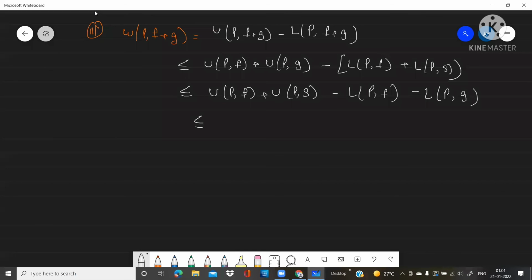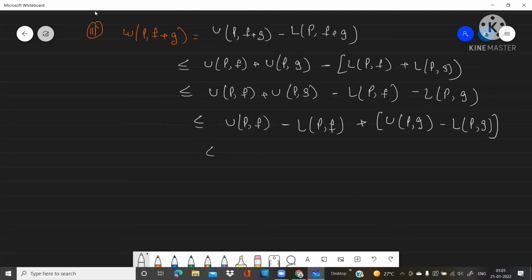Now you can write this as U(P, f) minus L(P, f) plus U(P, g) minus L(P, g). What is U minus L? The oscillatory sum. So W(P, f) plus W(P, g). Hence proved.